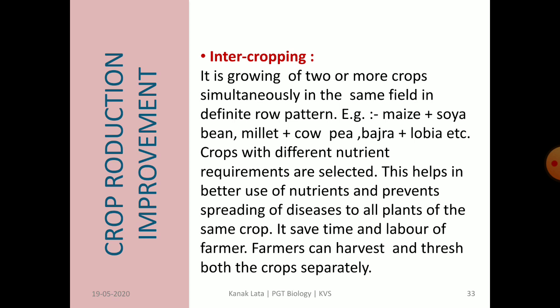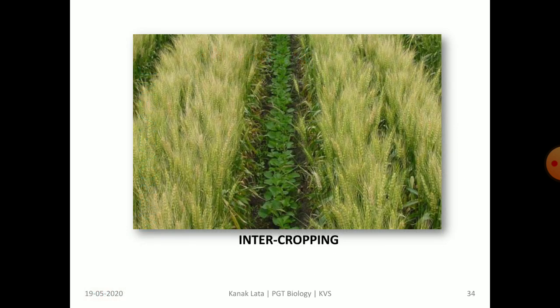It also saves times and labors of farmers, as farmer can harvest and thresh both crops separately. Why? Because they are not mixed but they are sown in rows. In this figure you can see different rows of different crop plant. So it is very easy to the farmer in harvesting and threshing processes.